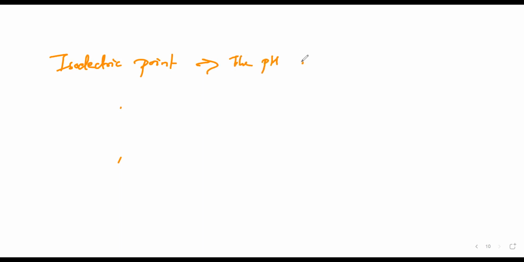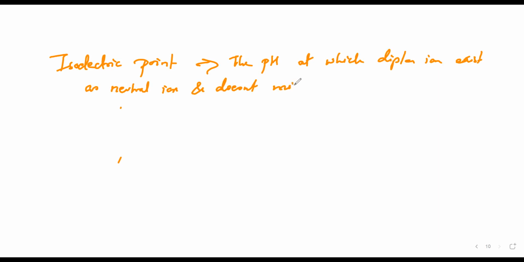The pH at which the dipolar ion exists as a neutral ion and does not migrate to either electrode, that is anode or cathode, is called the isoelectric point.